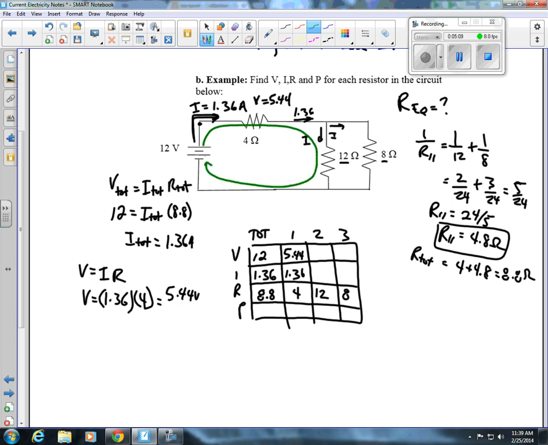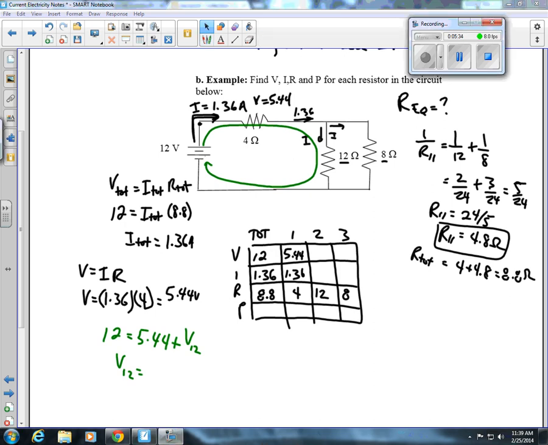From that, I know that 12 has to equal 5.44 for the first resistor plus whatever the voltage through the 12 ohm resistor is. Because that's the only resistor I go through if I do that loop. So that means the voltage for the 12 ohm resistor is going to be 6.56.